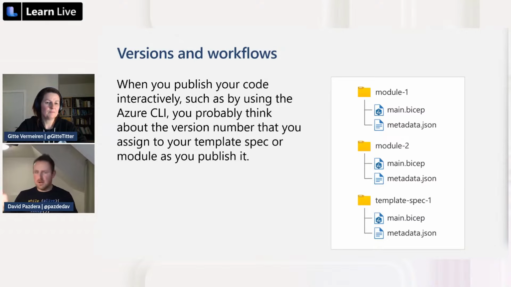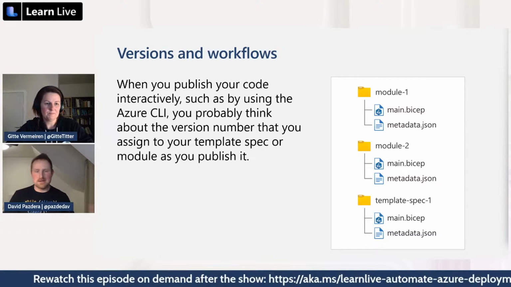Major version, minor, is it just a small tweak? And then once your pipeline runs, it reflects the updated versioning that you have for that Bicep file coming from that metadata JSON. The thing is that in the ARM JSON template, we have something called version as a property. But in Bicep, there is no such thing as a native one. Of course, you can use some metadata inside Bicep as well, but then you would need to parse it in some way.